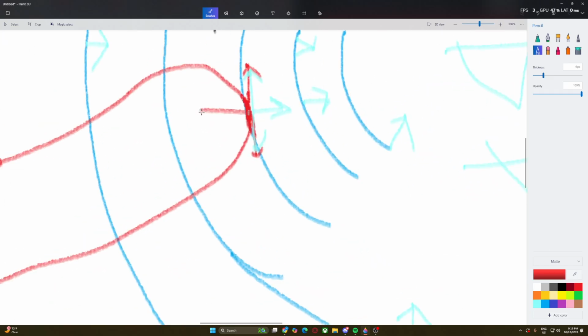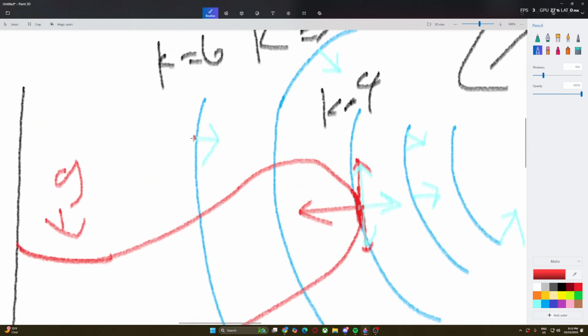This is what g's gradient line would look like. Let me see this real quick.